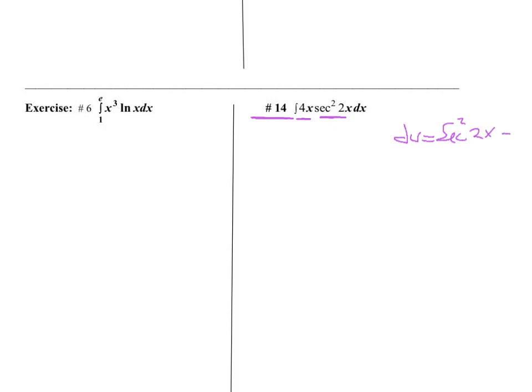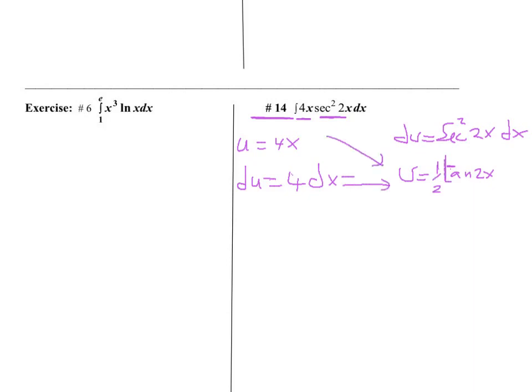This is 2x dx, and u can be taken as 4x. du is equal to 4 dx, and v is equal to tan 2x divided by 2. Let's erase this. So it is 1 divided by 2, tan 2x. Now this minus integration of that.